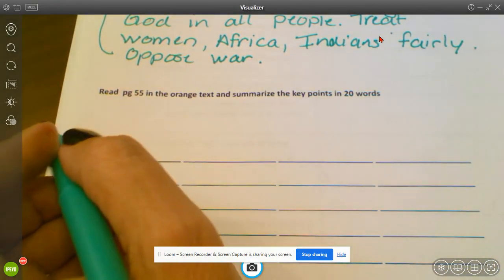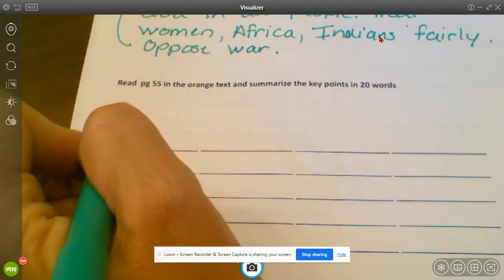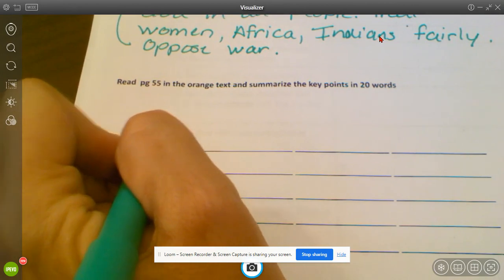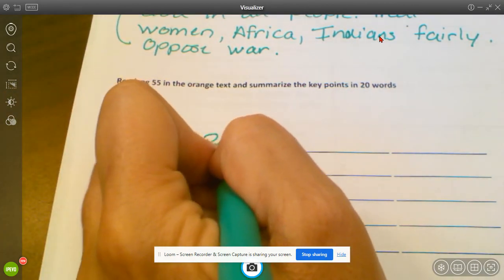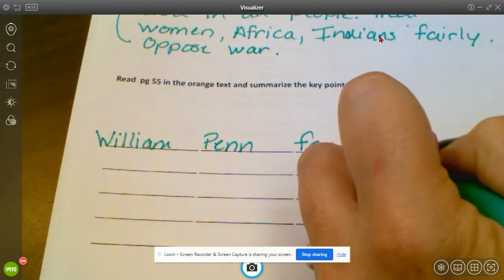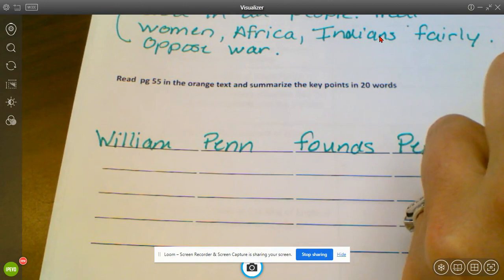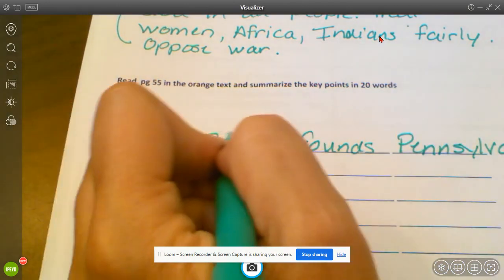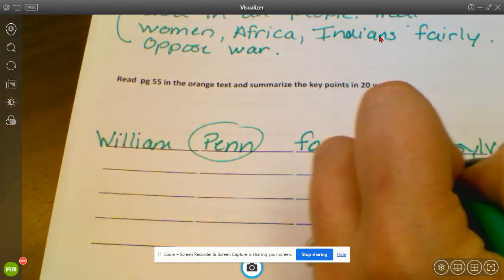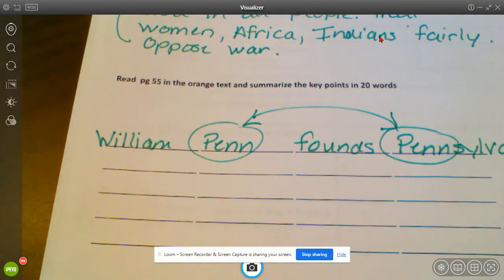So here we say we're going to summarize in 20 words. I might be a little under, I might be a little over, but we're going to get the major points across here. All right. So William Penn founds Pennsylvania. Okay. Pennsylvania, right? William Penn. So we should be able to easily connect those two words.